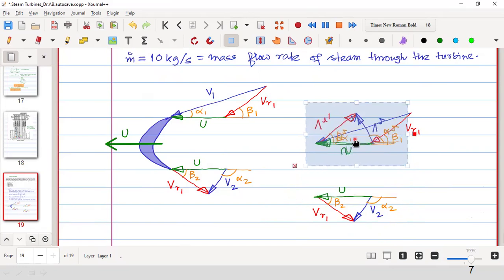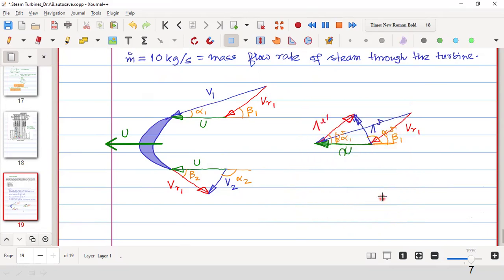We will place one on the other, and that will be the combined diagram. Now we will change these names so that they come correctly.